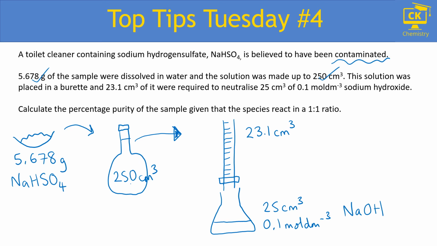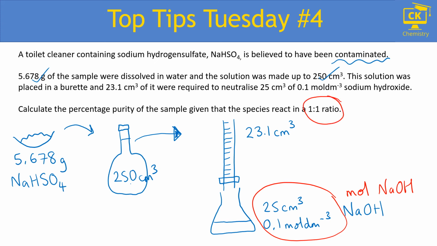So how I would then use that little diagram to just work out what I'm doing is I'd work backwards through it. So from volume and concentration, I can work out moles of NaOH. From the question, I have a 1-to-1 ratio, so that gives me the moles of NaHSO4 in 23.1, because that's how much was required.